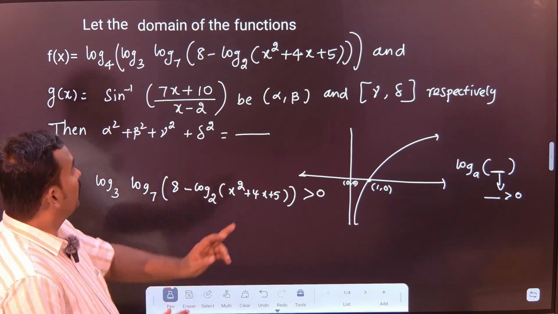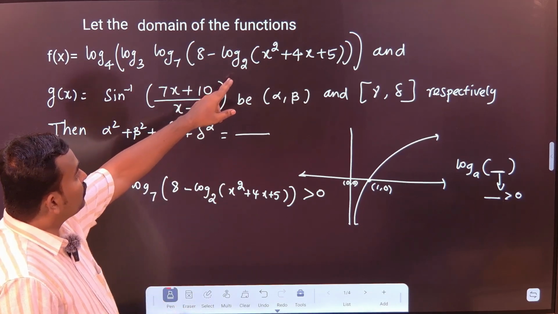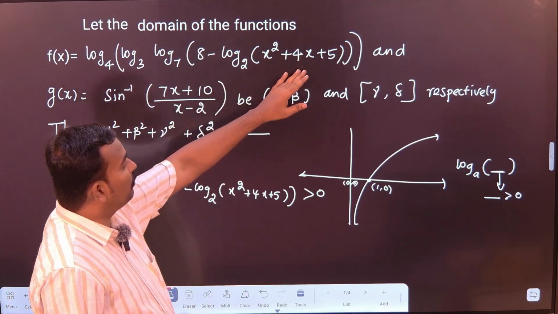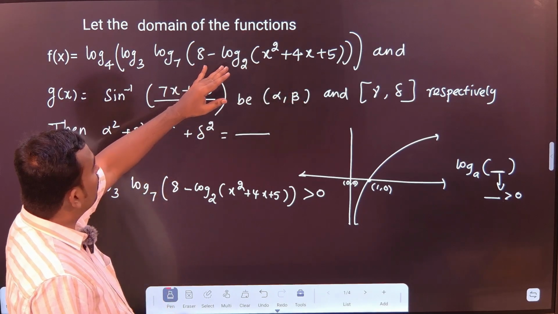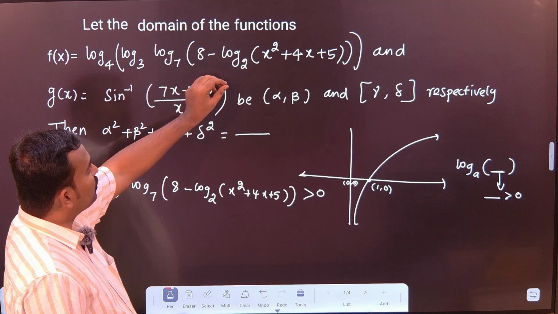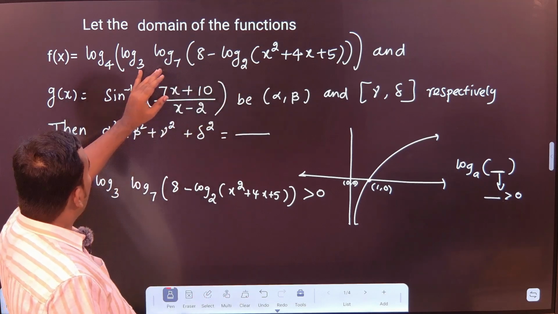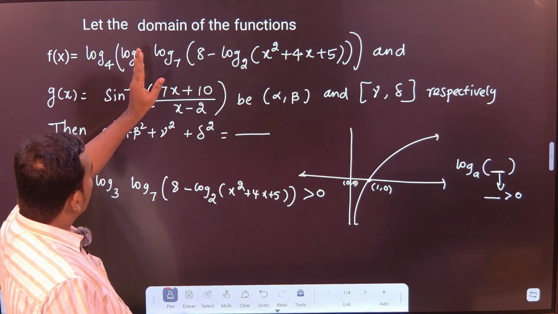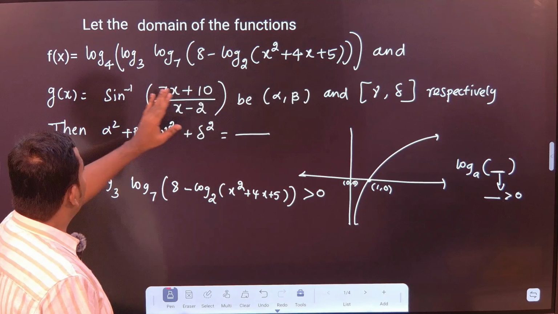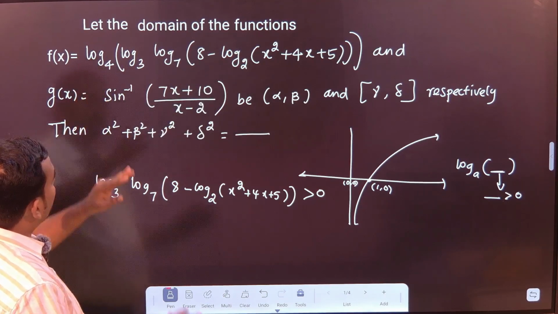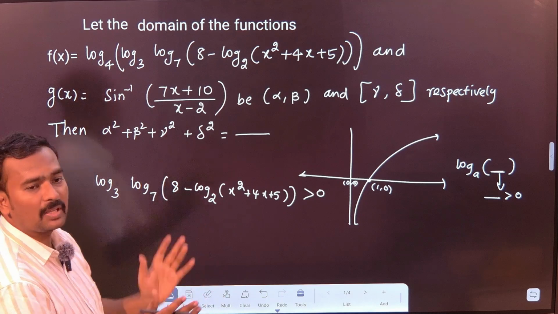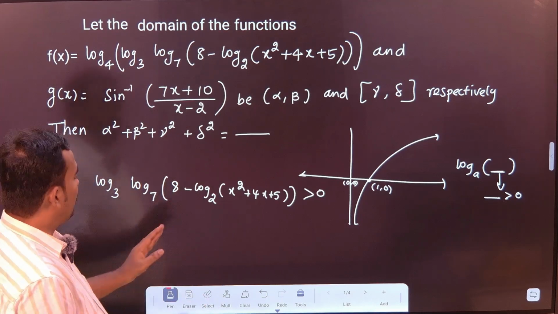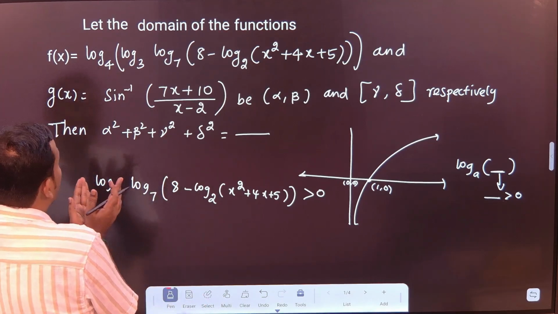Because you can see the input of log base 2 is x square plus 4x plus 5. The same way, log base 7 input is 8 minus log base 2 of something. And log base 3 input is log base 7 of something. The same way, the input of log base 4 is log base 3, log 7, 8 minus something. Understand?